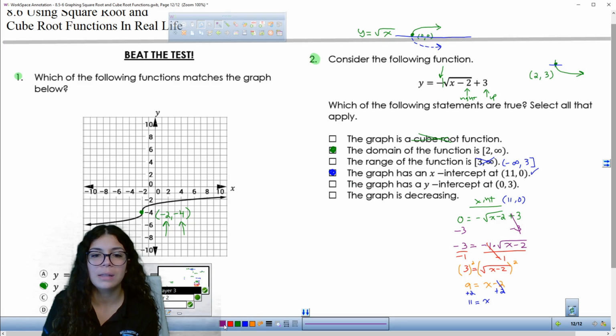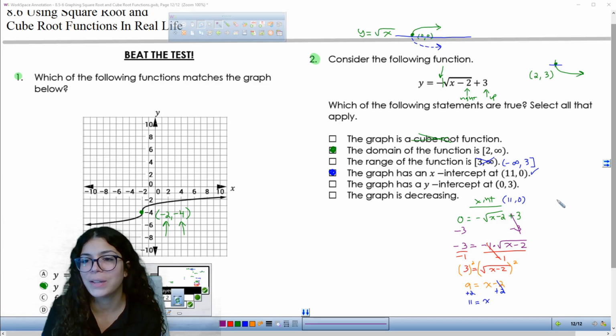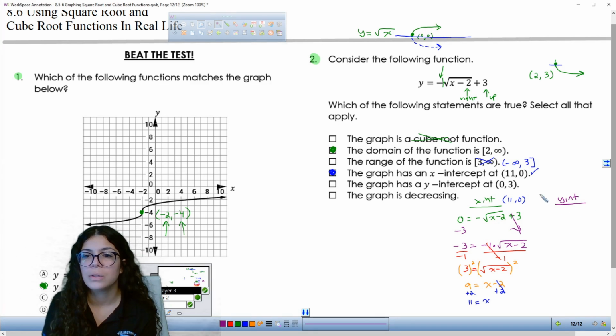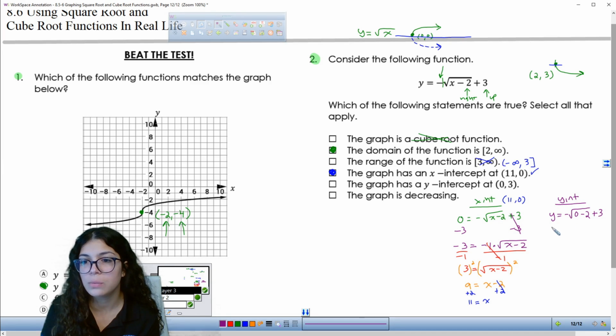All right, now let's do the same thing. Actually, not the same thing, but let's find the y-intercept. So for the y-intercept, I set x to be 0 and solve for y. Okay, so I have 0 minus 2, which is negative 2. So I have y equals negative square root of negative 2 plus 3.